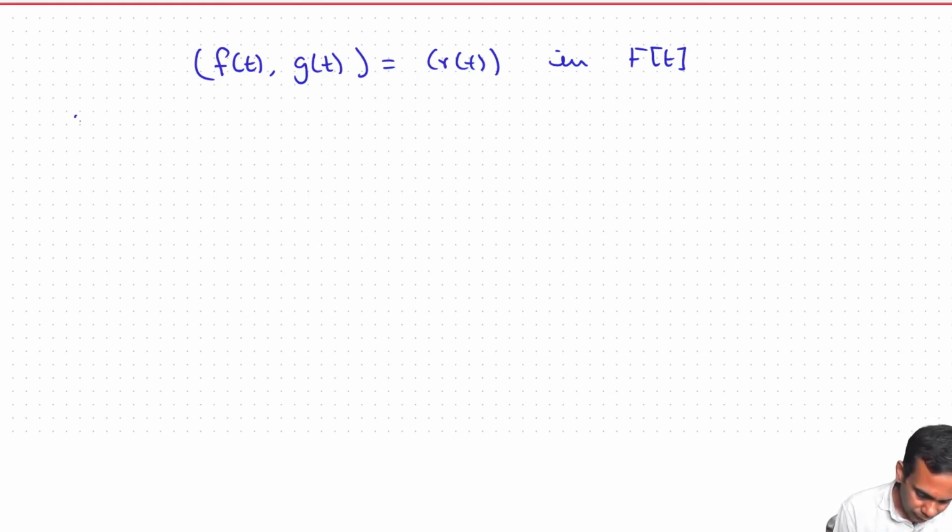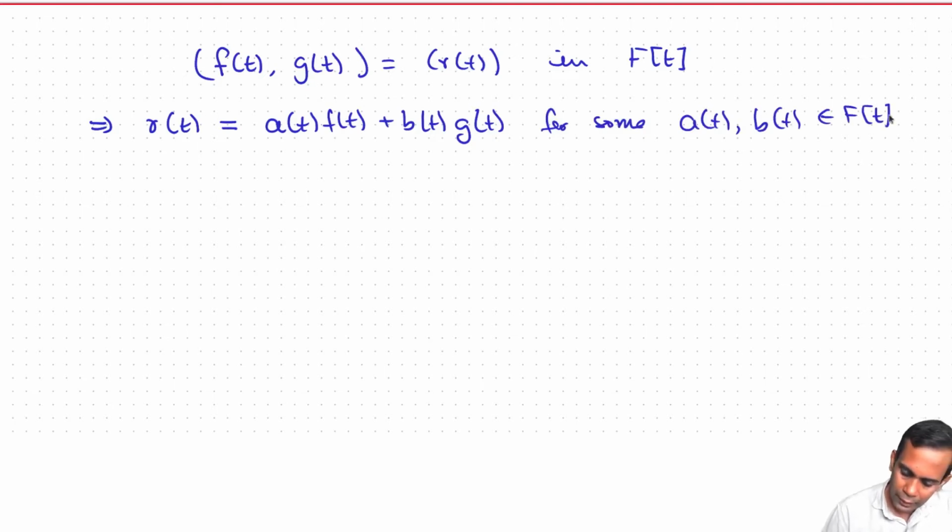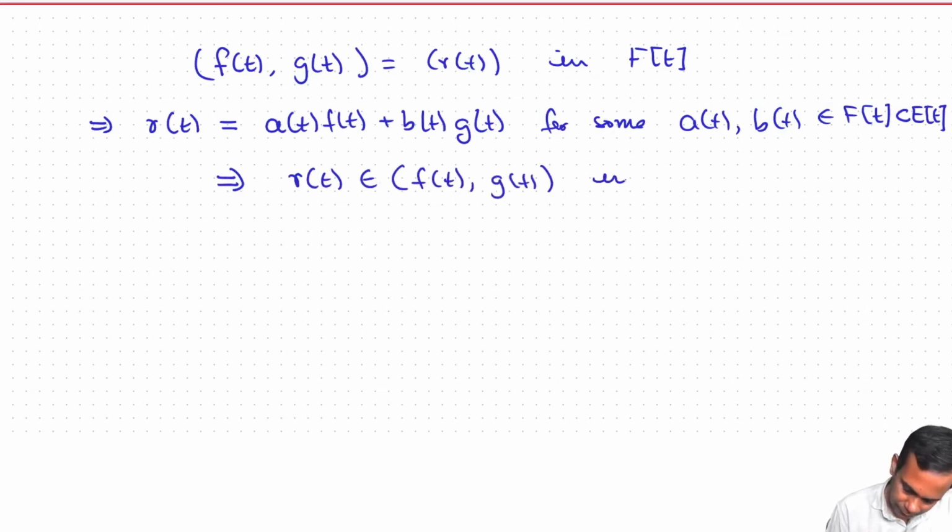So this implies that r(t) is equal to a(t)f(t) plus b(t)g(t) for some a(t), b(t) in F[t]. But F[t] is contained in E[t], so that means that r(t) is a(t)f(t) plus b(t)g(t) for some a(t) and b(t) in E[t].